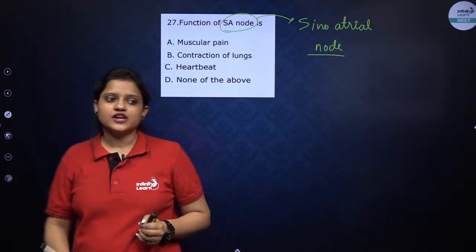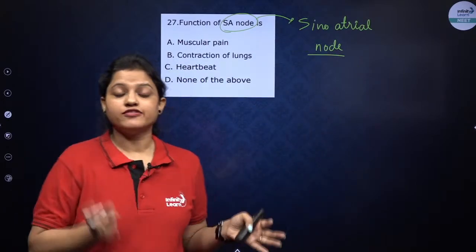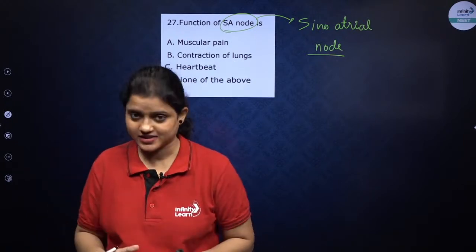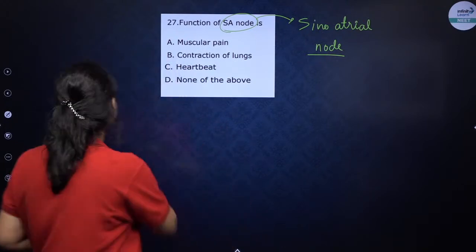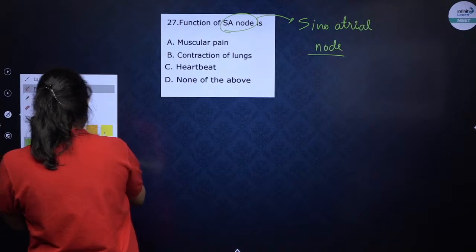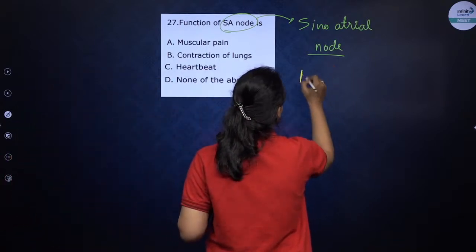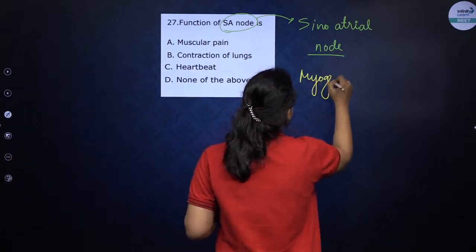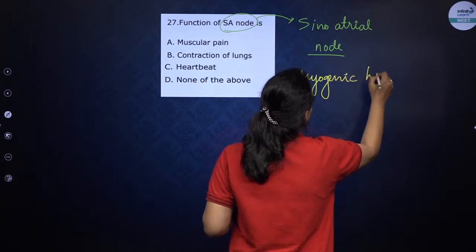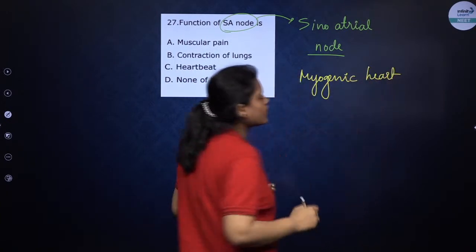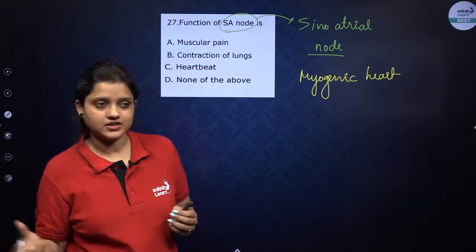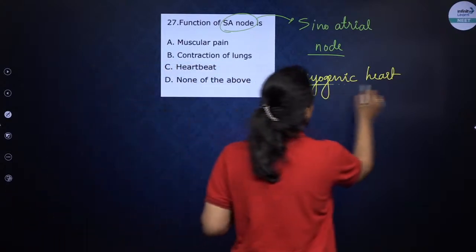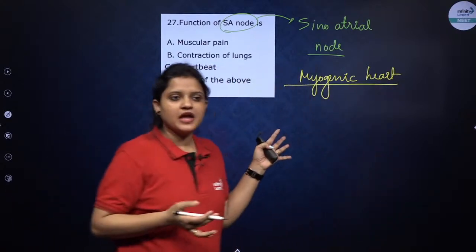Now this sinoatrial node is a part of nodal tissue in our heart. We know that our heart is myogenic, isn't it? Myogenic heart. Cockroach का heart कैसा है? Cockroach have a neurogenic heart. So myogenic heart, what do you understand by myogenic heart?